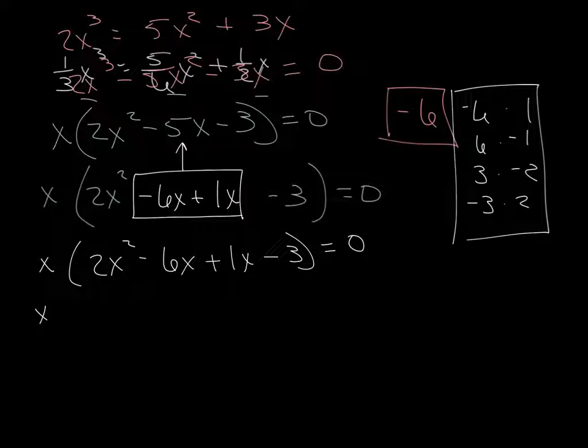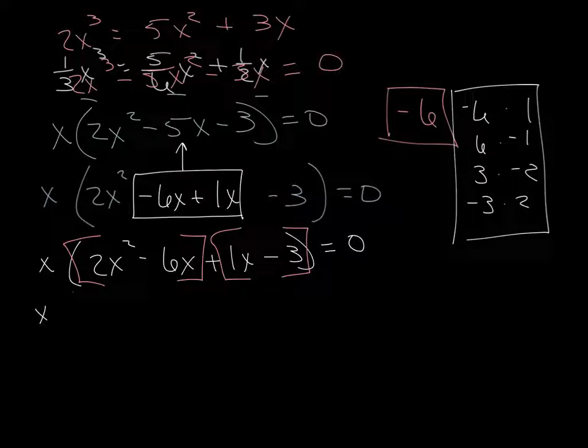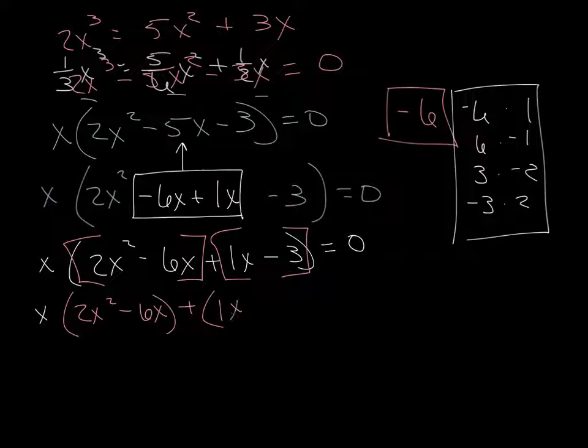Now we're going to group. We're going to group these two numbers together and these two numbers together. Now we're going to look at these and factor. What factors out of this?